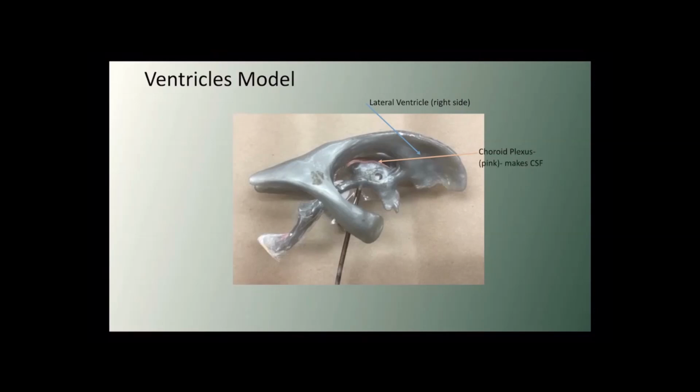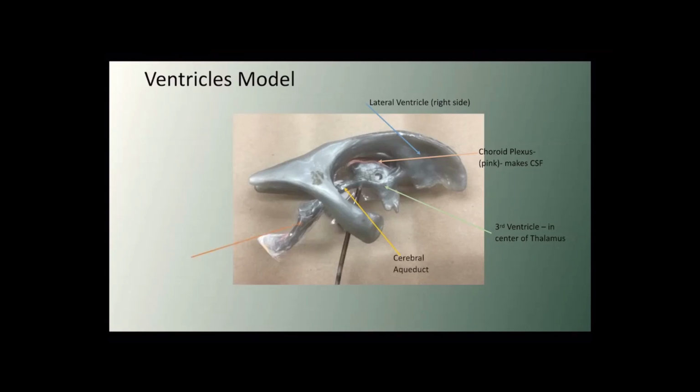Choroid plexus, that pink, makes CSF, cerebral spinal fluid. How about here? That's right. That's the third ventricle in the center of the thalamus. What about here? Good. Cerebral aqueduct between the third and the fourth ventricle.